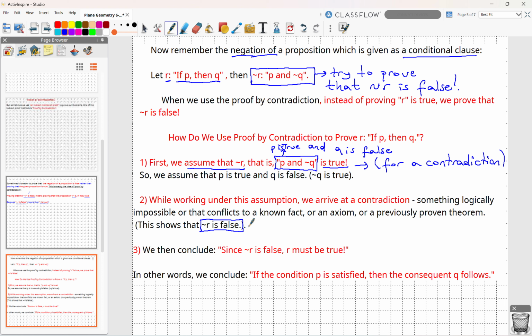And since negation of R is false, we conclude that R must be true. So if P, then Q must be true. Okay, this is the main idea of proof by contradiction. Assume that negation of R is true, then find a contradiction and understand that this assumption must be wrong and negation of R must be false, which means that R must be true.